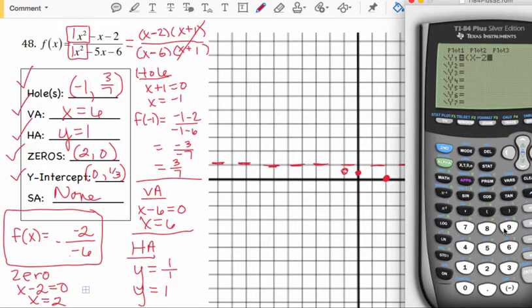I'm putting in my modified function, but normally I just put in the original function. And then I'm just going to look at the table.